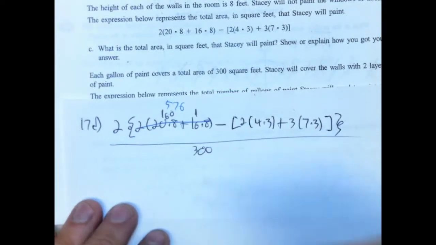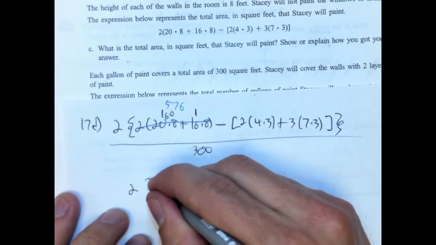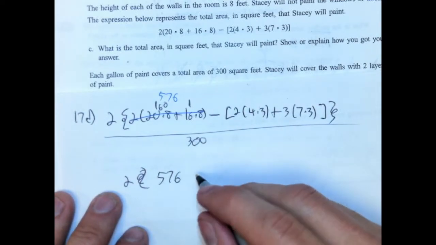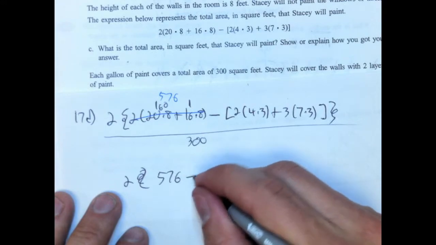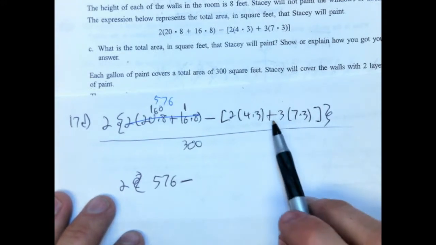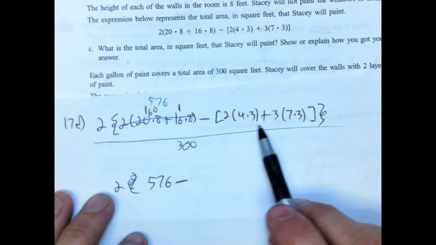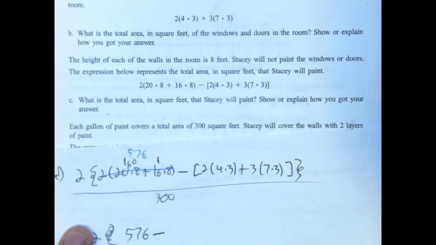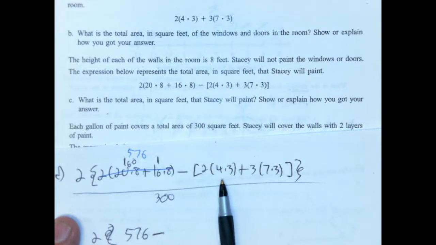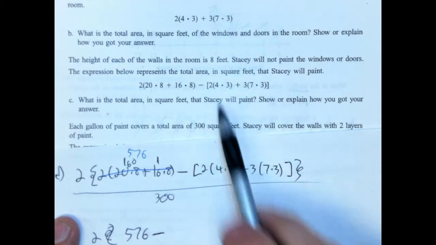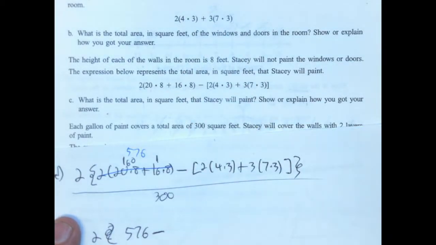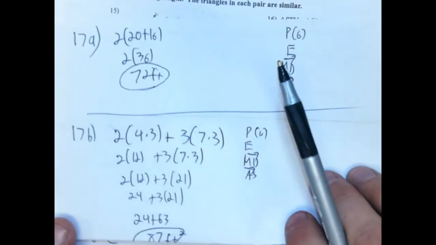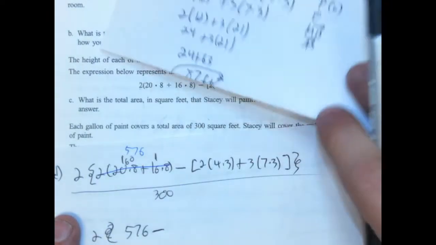So we still have the 2, the squiggly, 576 minus, and then this one, this is the first part we did. So we look back here, that's what this is, right? Same exact thing. And we already know what that is. That was, let's see, B, that was 87 feet. Right there.